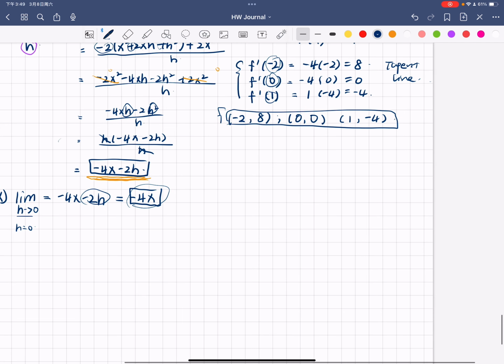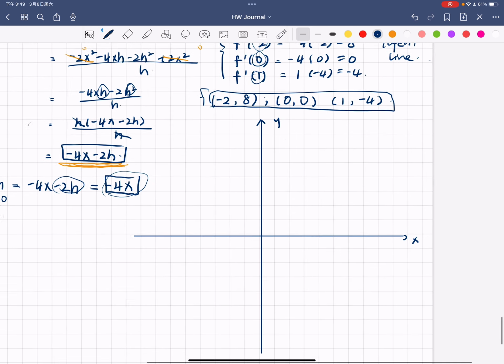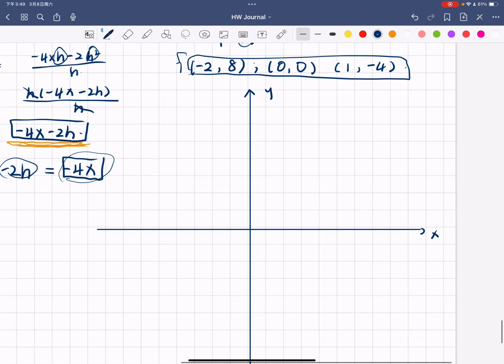So it's quite simple. Let's draw the x and y axis right here. Remember to label the x and y if you're going to draw them by hand. 2, 3, 4, 5, 6, 7. Okay, I need to go above a little bit because I'm out of space right here. 1, 2, 3, 4, 5, 6, 7, 8.